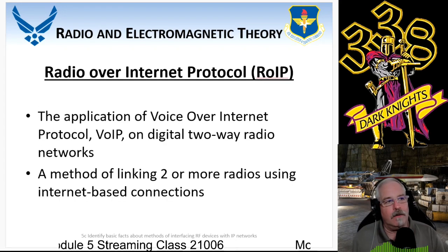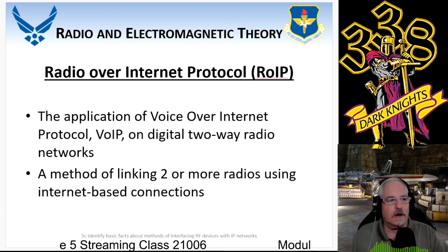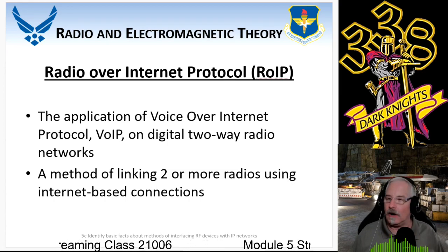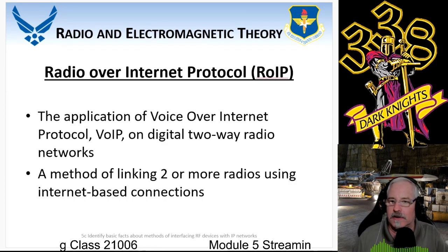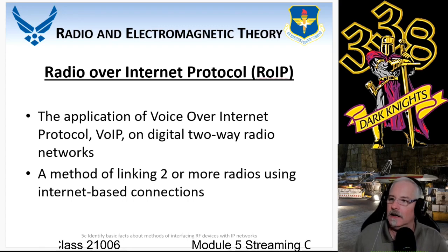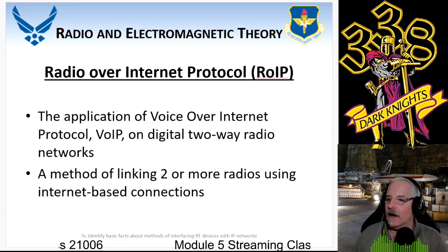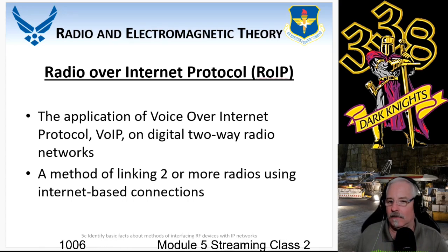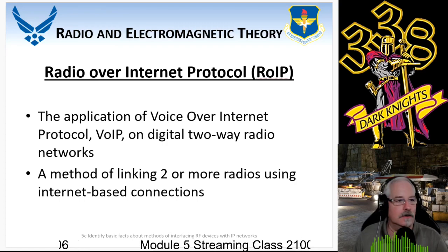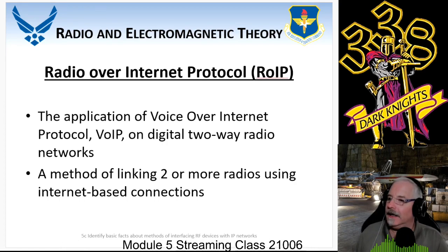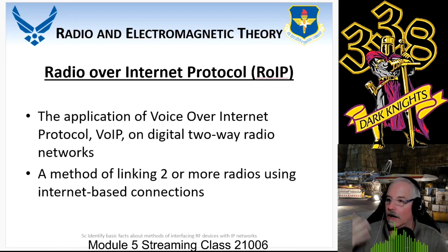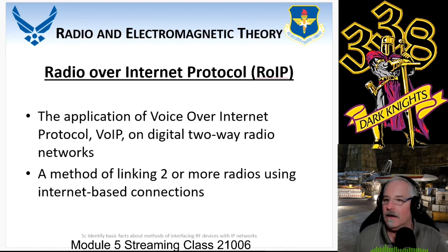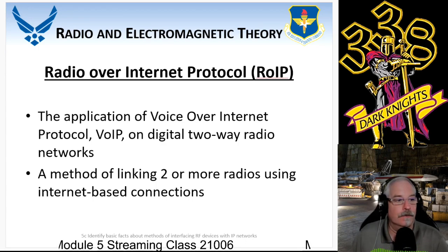So when we look at radio over internet protocol, this is where we are using the radios and connecting them to what is called a bridge network, where we can make contact not only with the base where the soft console is, but it can link us to cell phones, or like we're talking over Discord right now, we could probably link with it too.